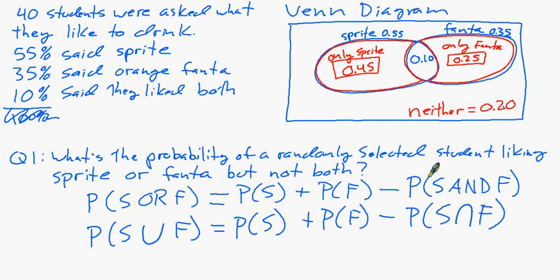I want to also draw your attention to a fact which sometimes gets overlooked. In all of these questions, this is actually a single event kind of probability question. Notice we're just selecting one student. We haven't even gotten to the questions about, well, what's the probability of selecting the first student liking Sprite and the second student liking only Fanta?